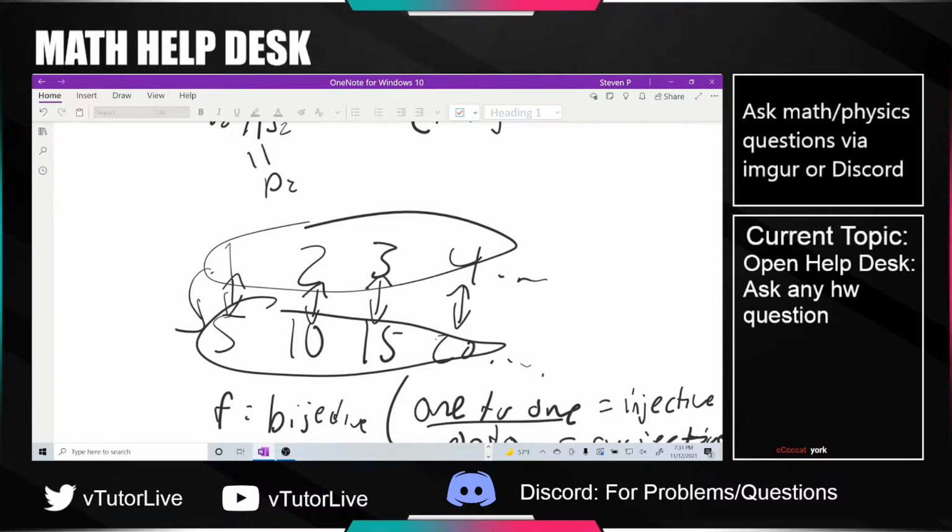Okay, intro to proofs. Prove or disprove the following statements. Let a, b, m, and n be integers with m and n greater than 0. If a is congruent to b mod m, then a is congruent to b mod mn.